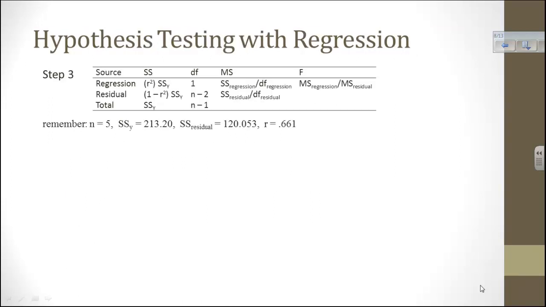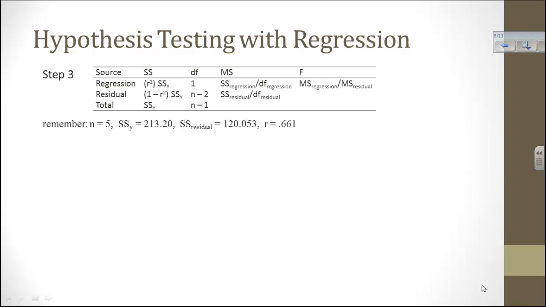Okay, now let's do hypothesis testing with regression to see if we're confident in using the regression equation that we came up with in the population to predict earned quiz grades based on expected quiz grades.